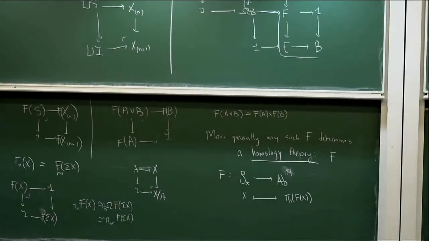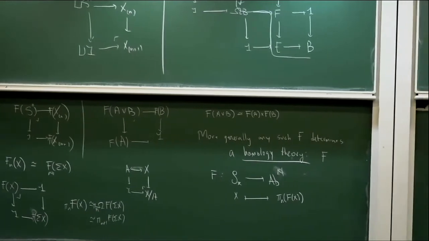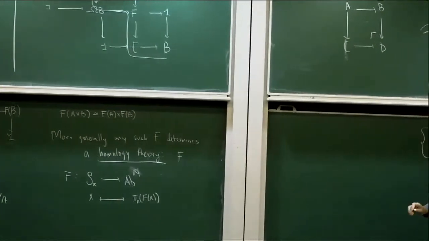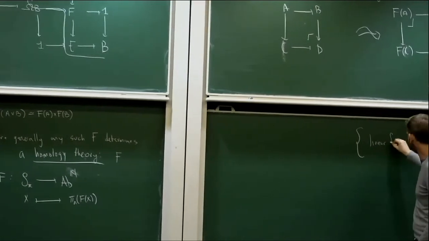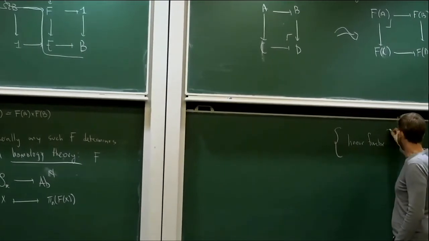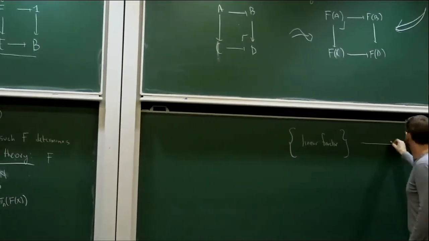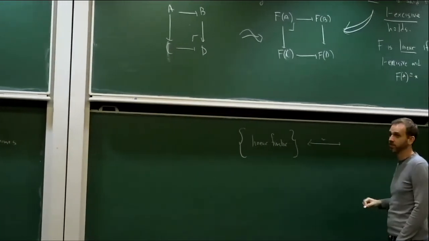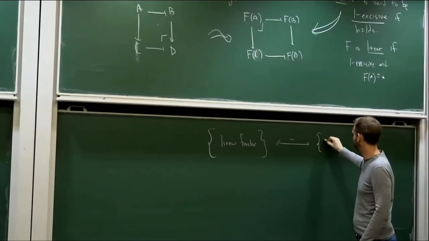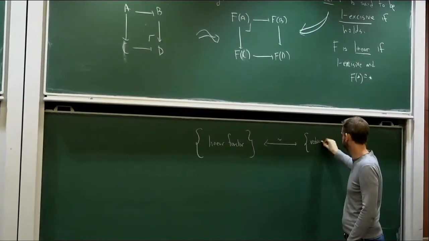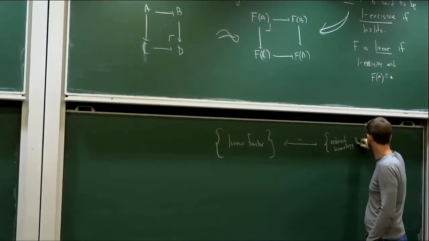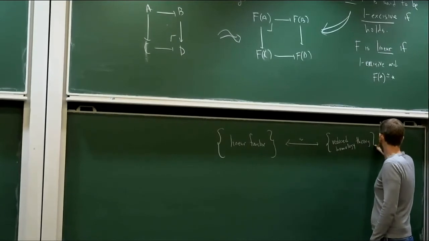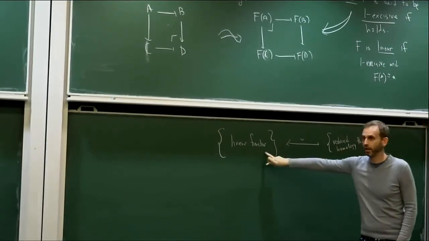So maybe I've convinced you. It's not 100% true, but each time here I use the fact that f preserves the base point. So that was what I call a linear functor. And I hope I've more or less convinced you, this is not a formal thing, that this is the same thing as what people call a reduced homology theory. And so we've sort of produced this direction.